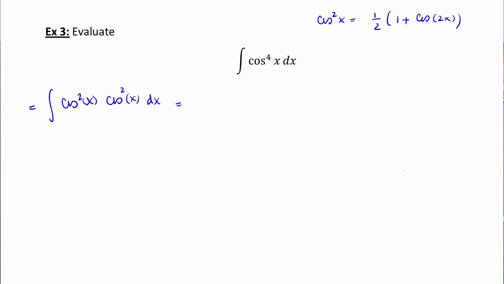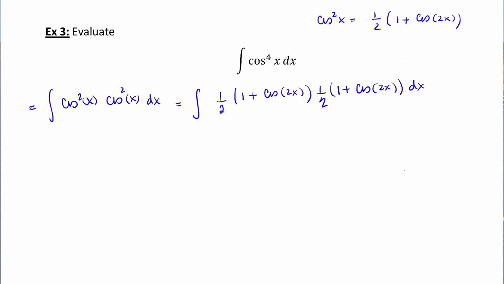Then I replace each cosine squared with this formula, so this is equal to the integral of 1/2 times 1 plus cosine of 2x, times 1/2 times 1 plus cosine of 2x dx.